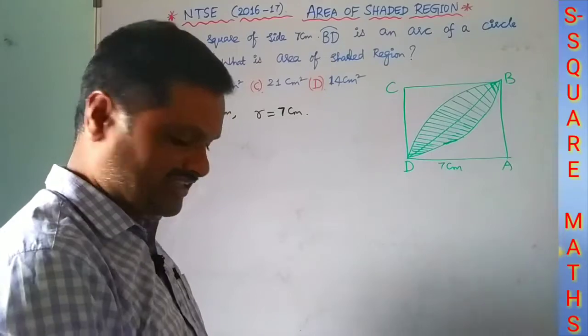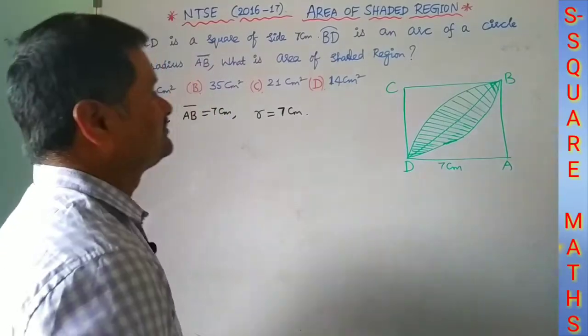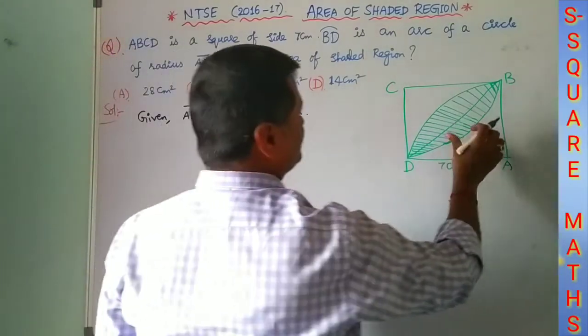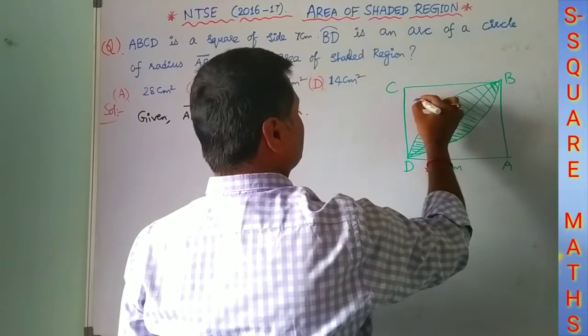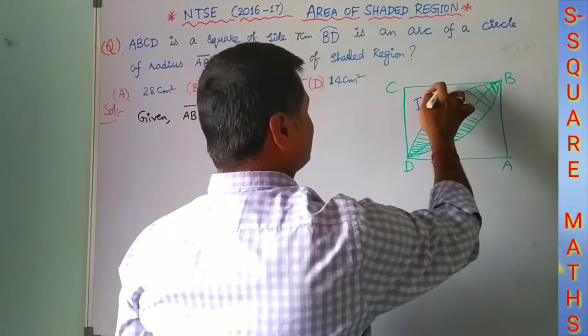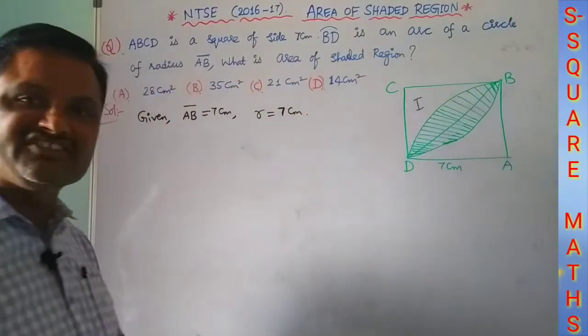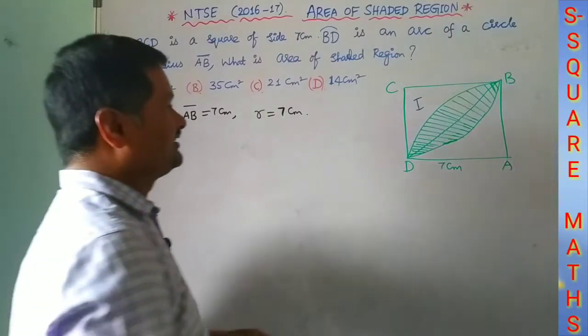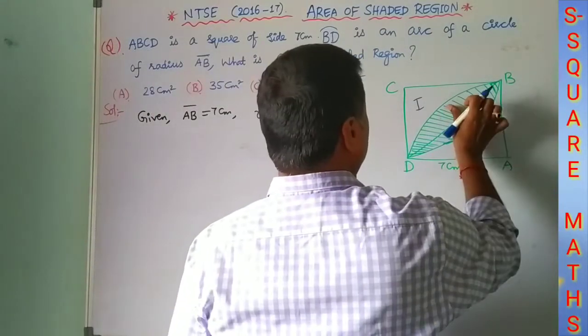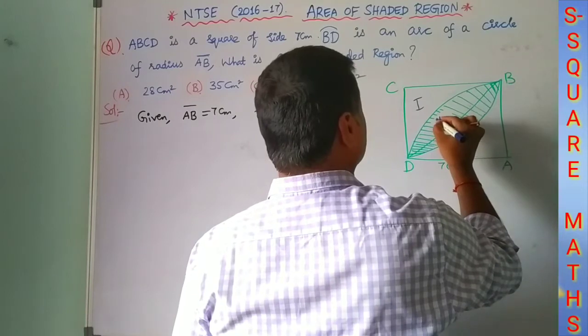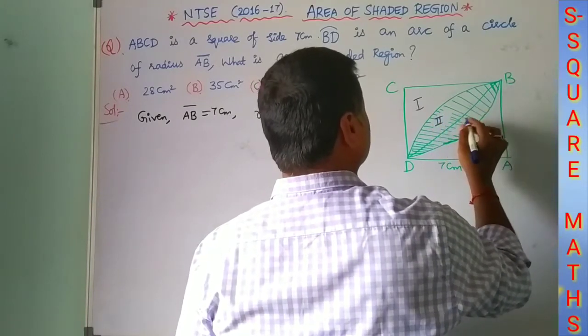So if you observe carefully, let us go through various observations here. This region stands for Roman 1, region 1 here, and this is our region 2 and this is our region 3.